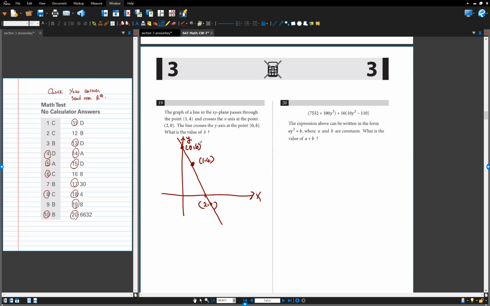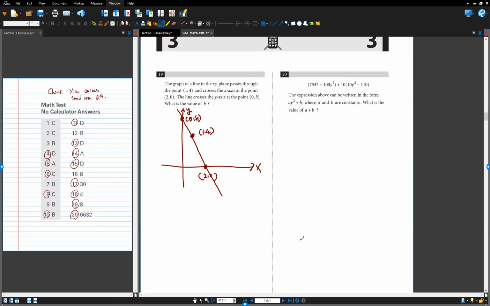As I told you before, when you have a linear, always think about constant slope between 2 points. Maybe you can see 3 points out there. 1 point, 2 point, 3 point. Between any 2 points, their slope must be constant. That is linear. I'm going to show you this one.